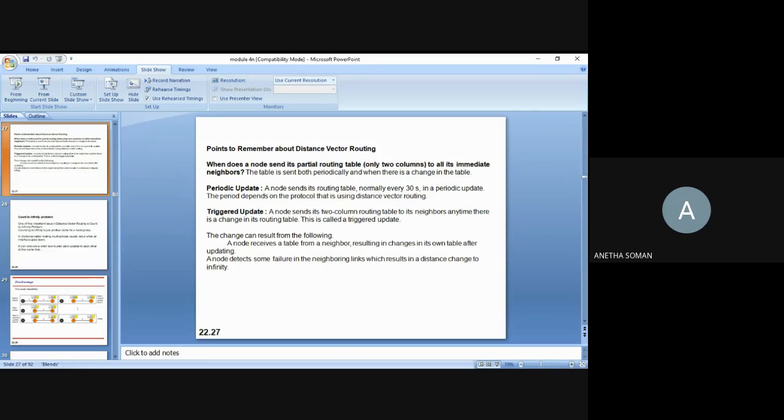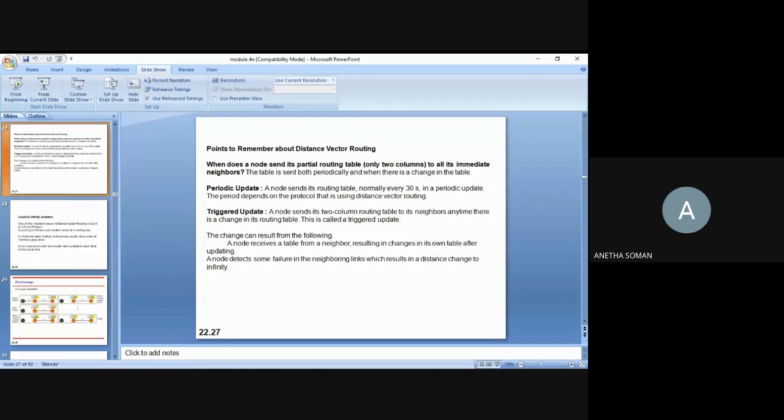So every 30 seconds, they will share that information. That is called the periodic update. Okay, now you have another update called triggered update. Triggered update means a node sends its 2 column routing table to its neighbors anytime there is a change in its routing table.